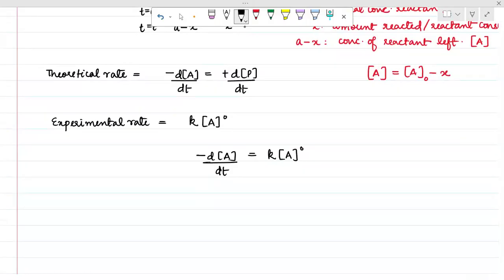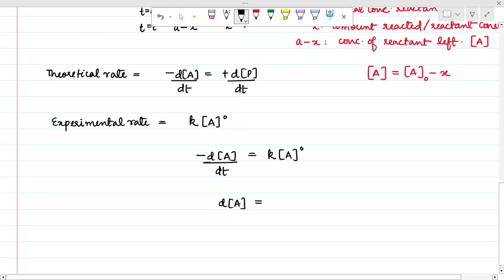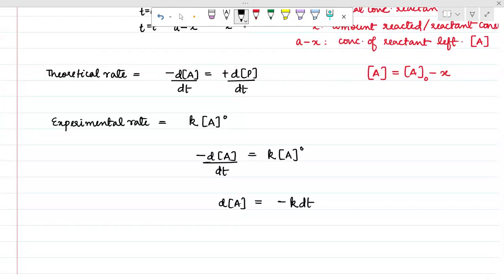So what I get is dA equals minus K, A to the power 0 is 1, and dt. This is my expression that I have got by comparing the theoretical and the experimental rate.